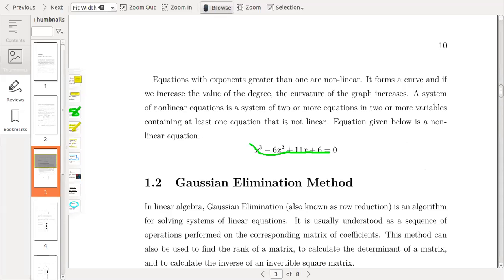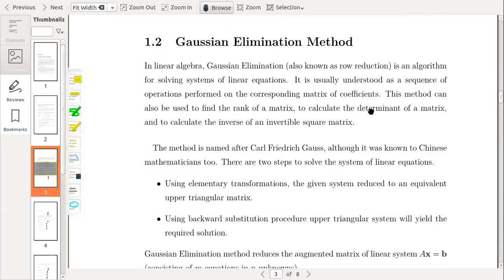Okay, next is the Gaussian elimination method. It's not so difficult. So in linear algebra, Gaussian elimination, also known as row reduction, is an algorithm for solving systems of linear equations. It is usually understood as a sequence of operations performed on the corresponding matrix of coefficients. This method can also be used to find the rank of a matrix, to calculate the determinant of a matrix, and to calculate the inverse of an invertible square matrix.